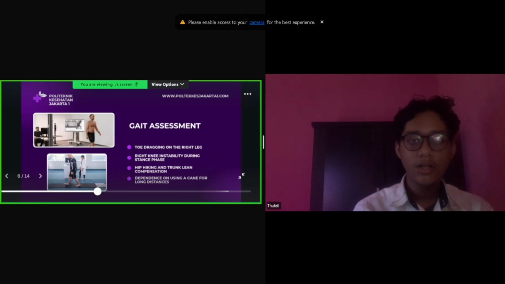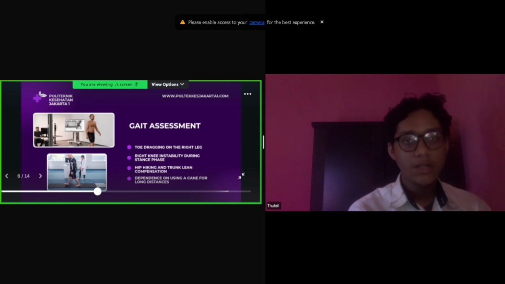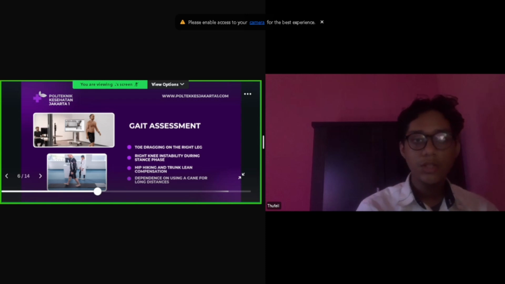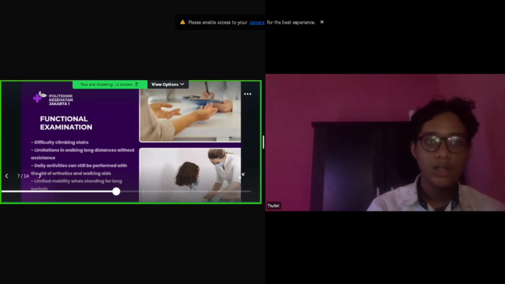And in the gait assessment, we can see the patient had toe dragging on the right leg and right knee instability during stance phase. The next one is hip hiking and trunk lean compensation, and dependence on using a cane for long distance. And this is the functional examination.